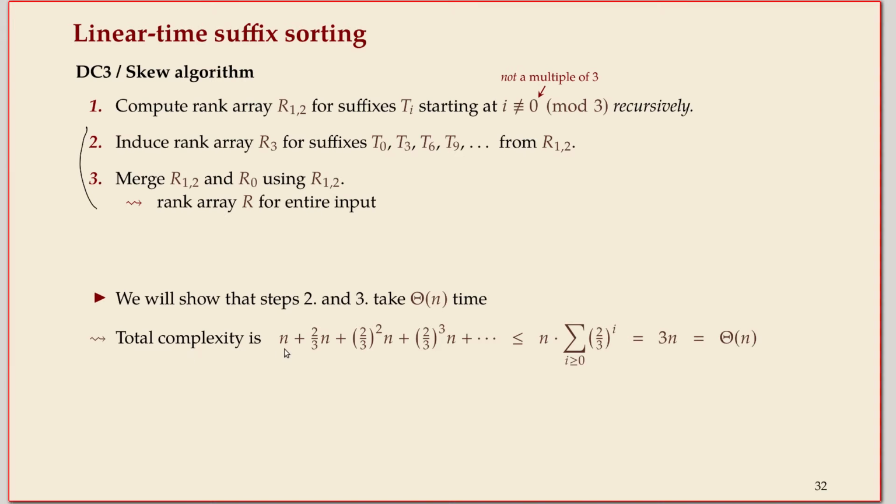So the total complexity is a recurrence. We start with n, assuming this complexity, so we should put a theta class around this whole thing. There's some constant that we ignore, but say these 2 steps take n steps, then the recursion will be on an input of size 2/3 n, because we only take 2 out of 3 of the indices, and that cost is again steps 2 and 3, one recursive step down.